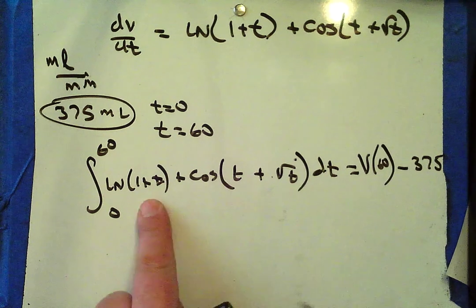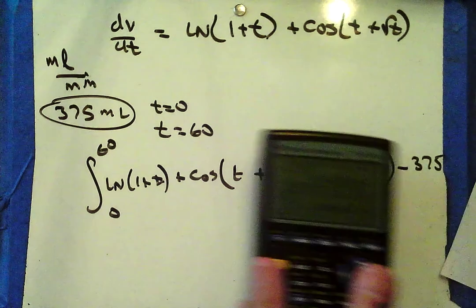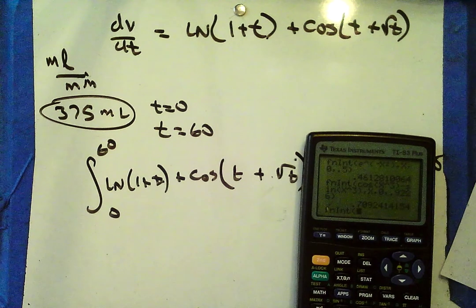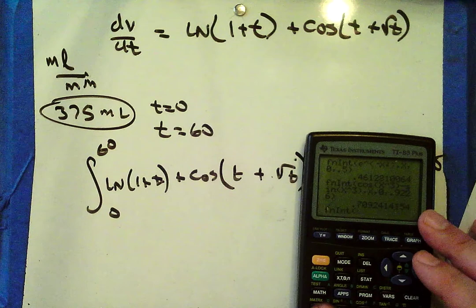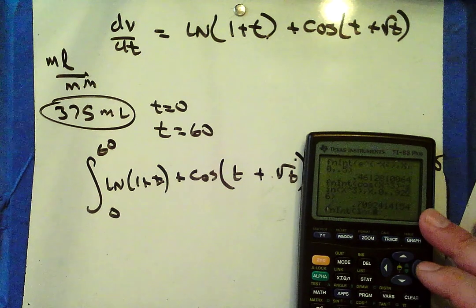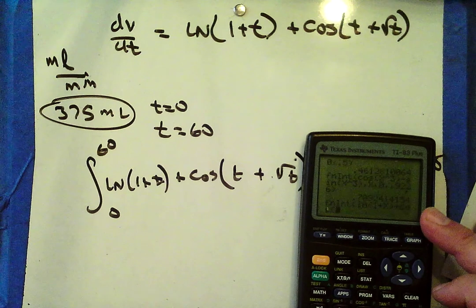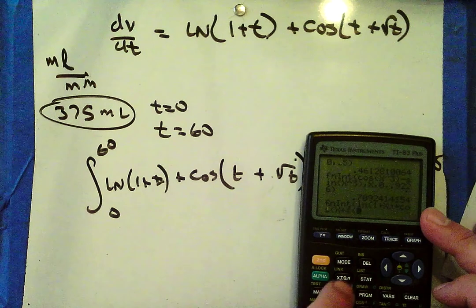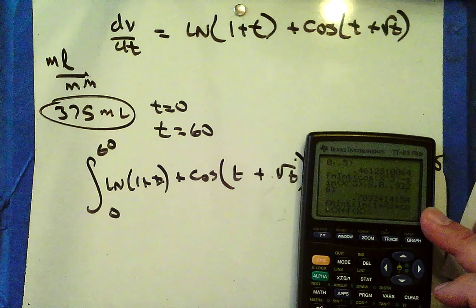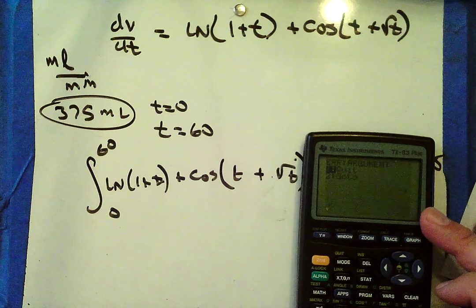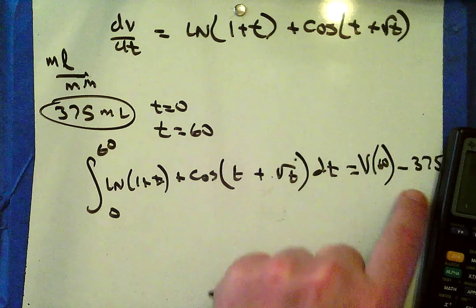So I'm going to find this integral and add 375 to it. Okay, so math, integrate, ln of 1 plus x, close parentheses, plus cosine of x plus square root of x, close parentheses, comma x, comma 0, comma 60, close parentheses, and then don't forget to add the 375.